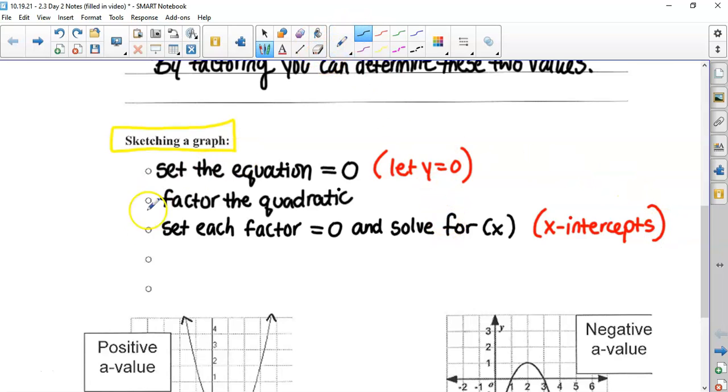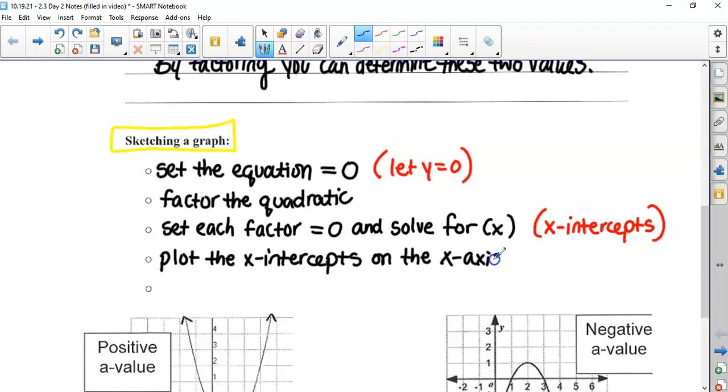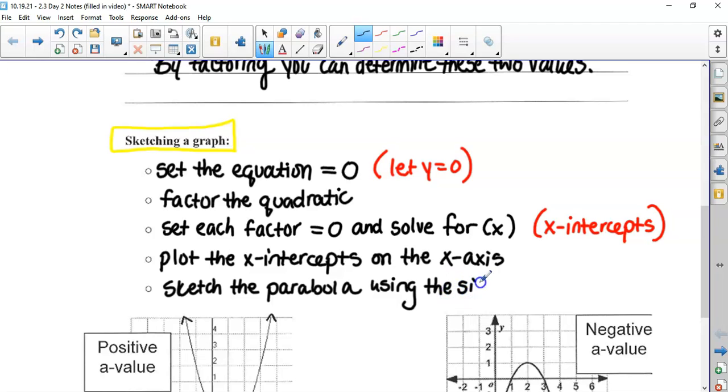So once you have your x-intercepts, we're going to plot the x-intercepts on the x-axis. And last but not least, sketch the parabola using the sign of A.